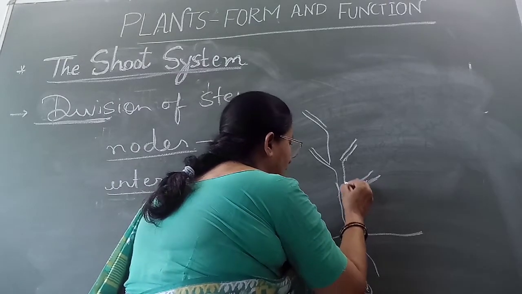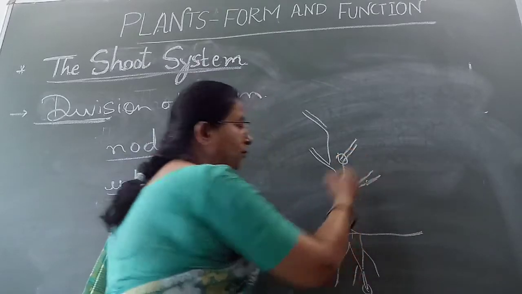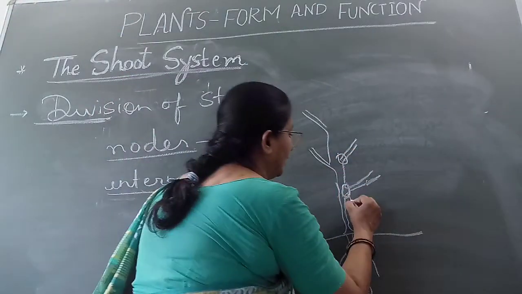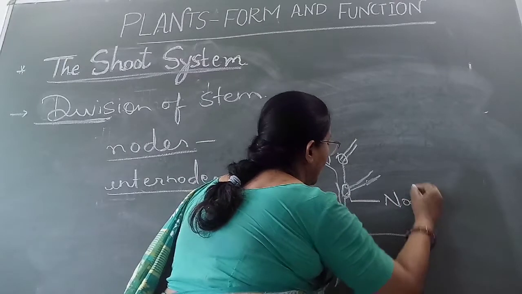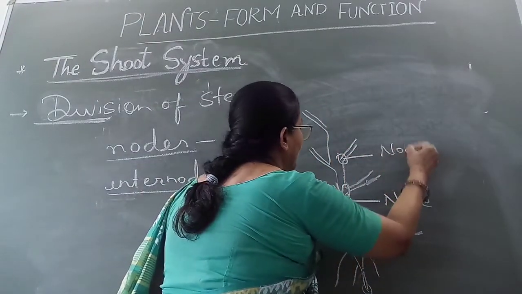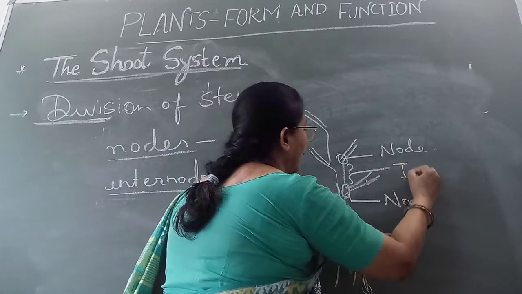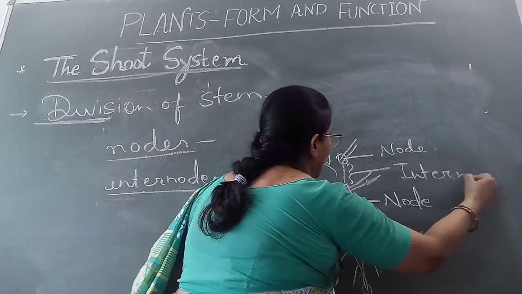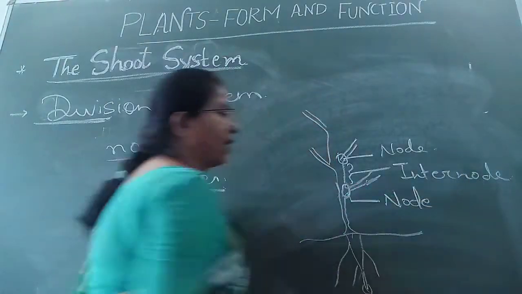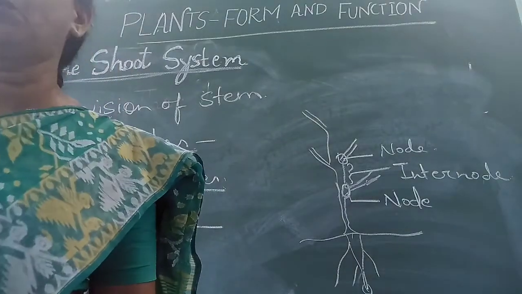The position from where it arises is known as a node. This one is also a node. The space between two nodes is known as an internode.